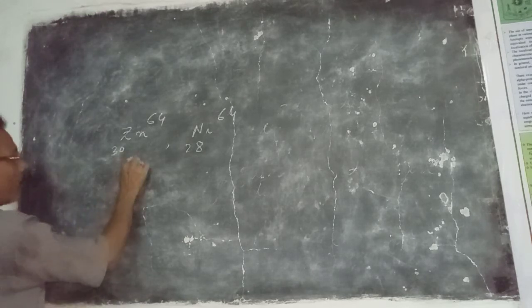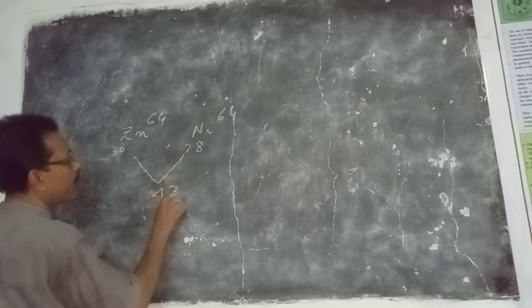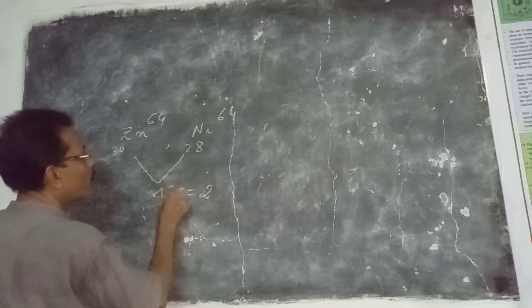And from this it is clear that they differ by 2 units, delta Z is equal to 2.